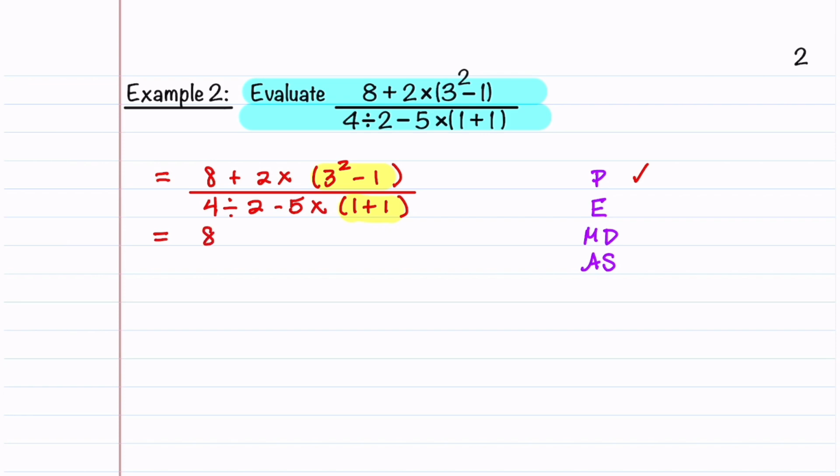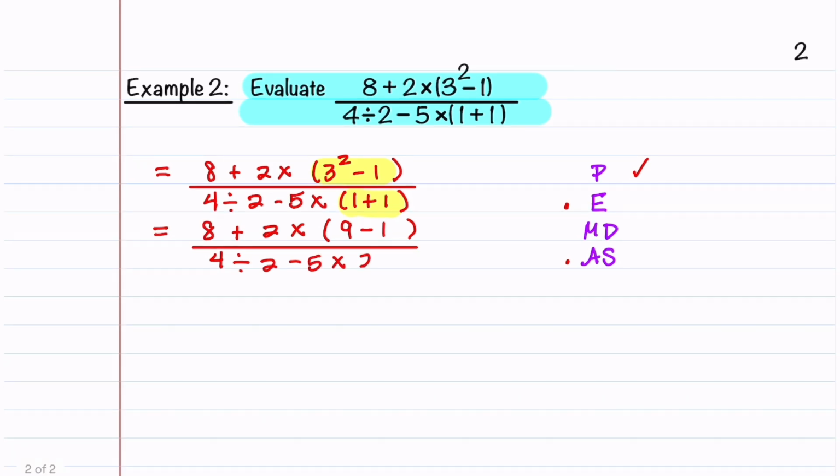This gives us 8 plus 2 times, notice in this one we have an exponent and a subtraction. We're going to do the exponent first and then do the subtraction. So this is going to be 9 minus 1. And all this gets divided by 4 divided by 2 minus 5 times 1 plus 1, which is 2.